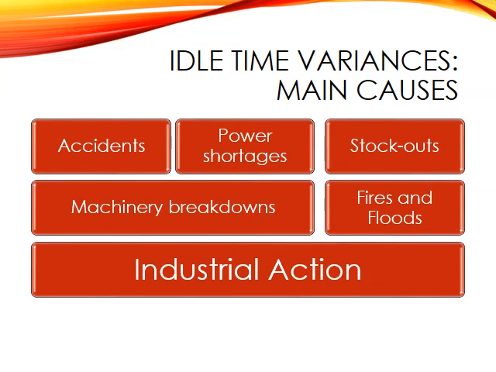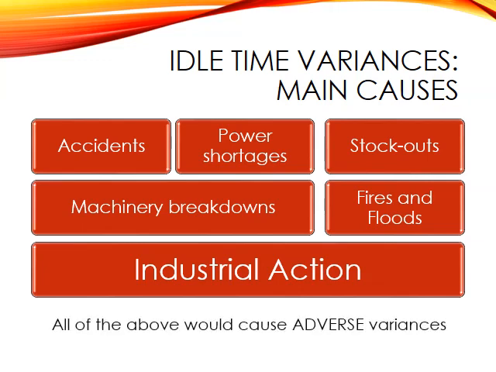What if we run out of stock? If we run out of a particular type of stock, that might mean that nothing can be worked upon. Or we might have machinery breakdowns, fires and floods, or indeed we might have industrial actions such as strikes or go slow actions. All of those would cause adverse variances.